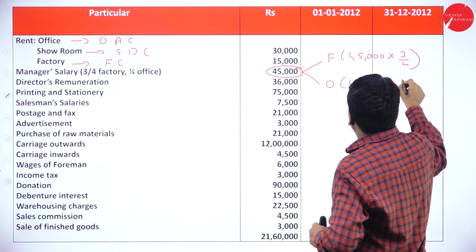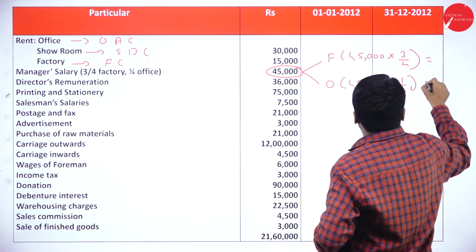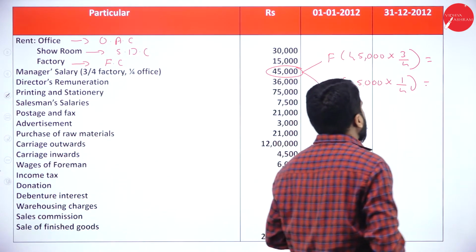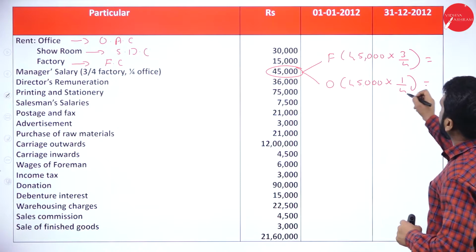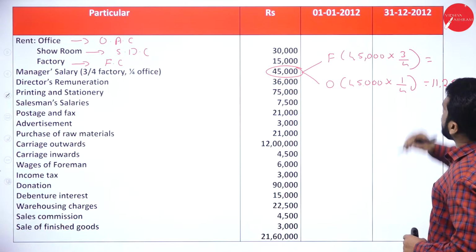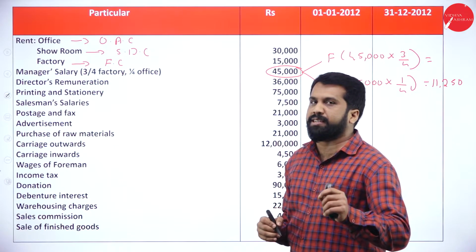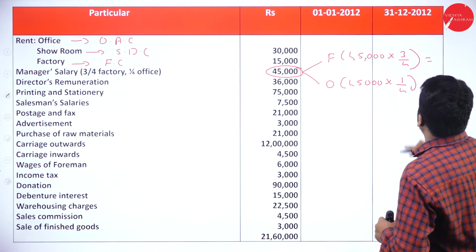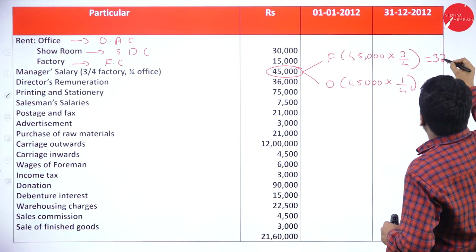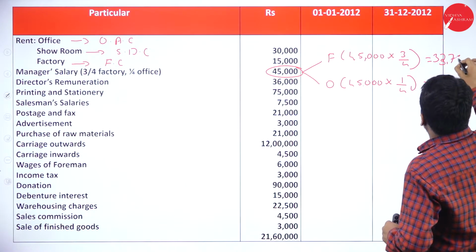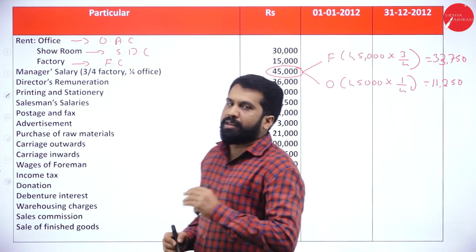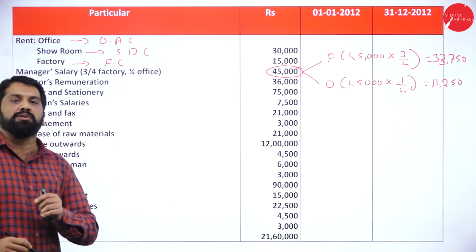If you calculate 45,000 into 1/4, it will come to 11,250. The same thing, if you calculate 45,000 into 3/4, you will get 33,750. So this kind of calculation you may get.